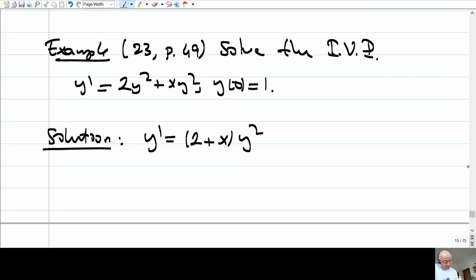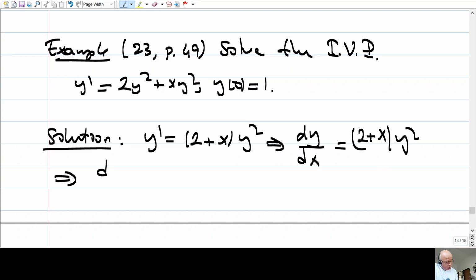And from this, we get what? So dy over dx equals (2 plus x) times y squared. And this is just, what? (2 plus x) times dx is equal to dy over y squared, right?